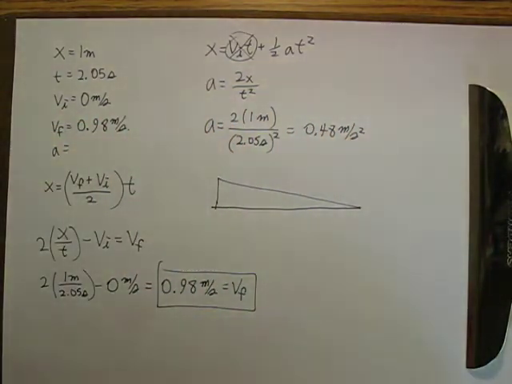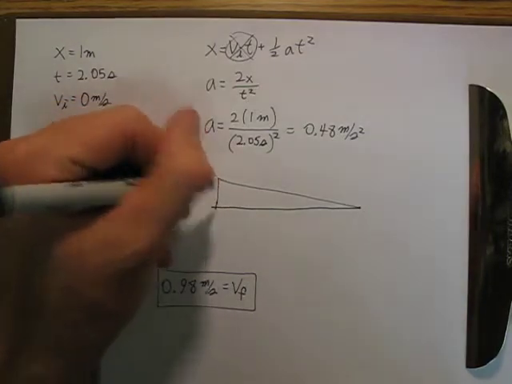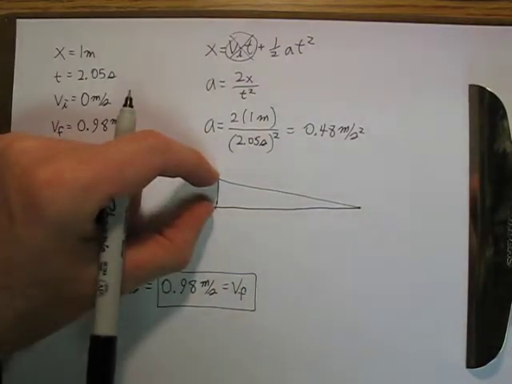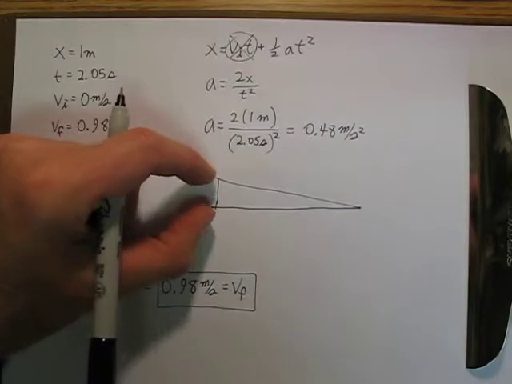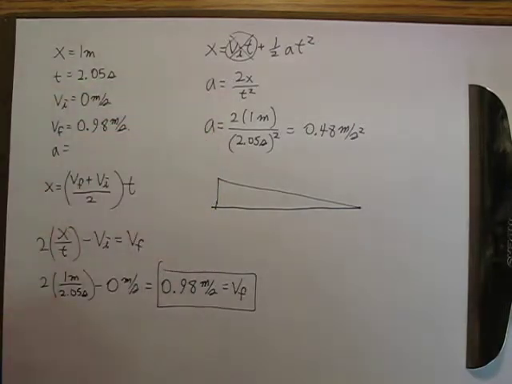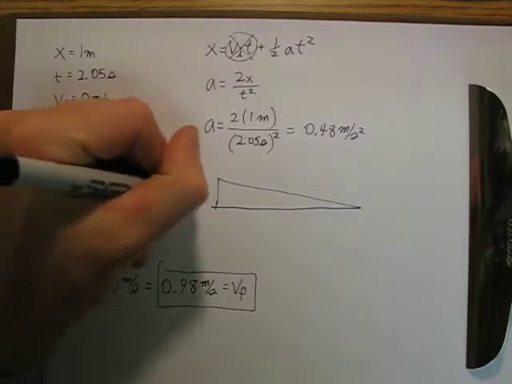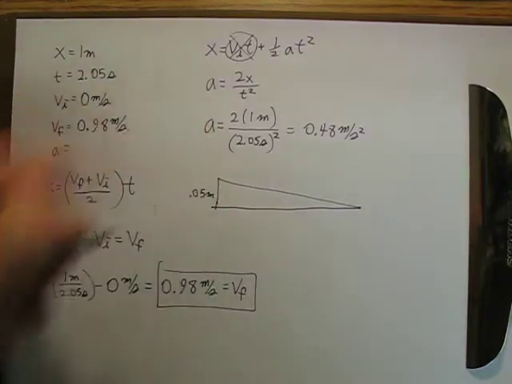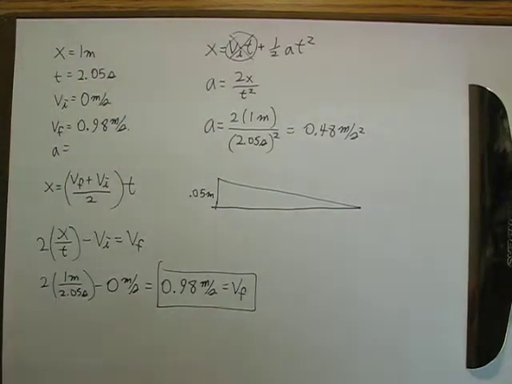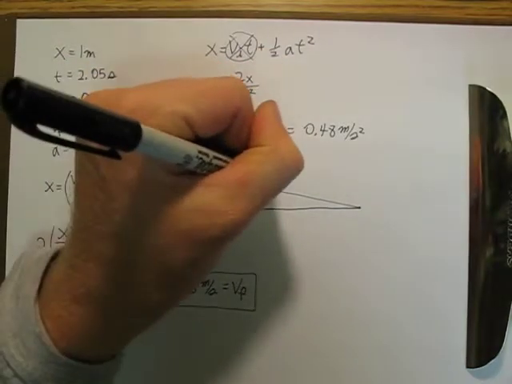On this triangle, we're going to say that this distance here is 5 centimeters. But we're not going to call it 5 centimeters. We're going to call it how many meters? 0.05 meters. And that hypotenuse is 1 meter.